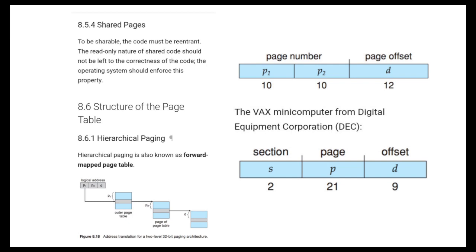With a 2^32 address space and 4 KB page size, this leaves 2^20 entries in the page table. At 4 bytes per entry, this amounts to a 4 MB page table, which is too large to reasonably keep in contiguous memory.